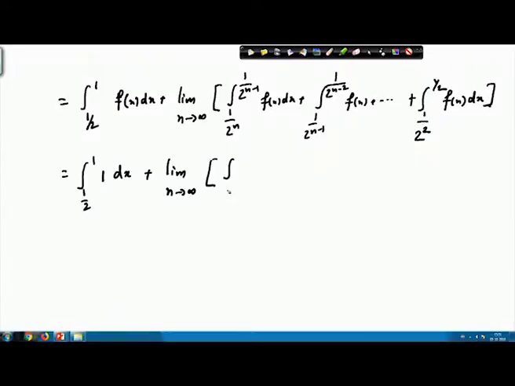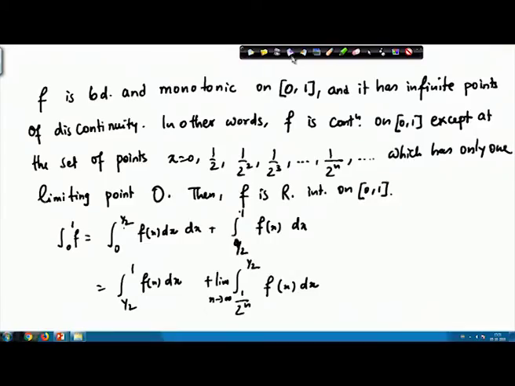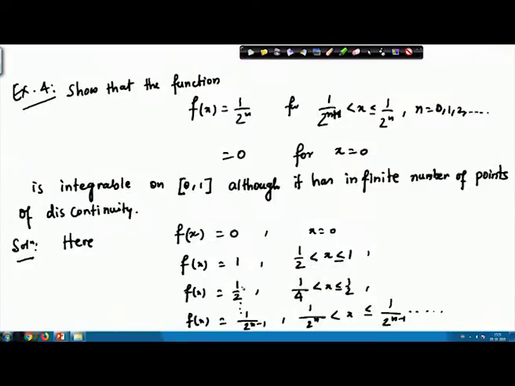So the integral from 1 by 2 square to 1 by 2 of f(x) dx. Between 1 by 4 and 1 by 2 the value of the function is half.